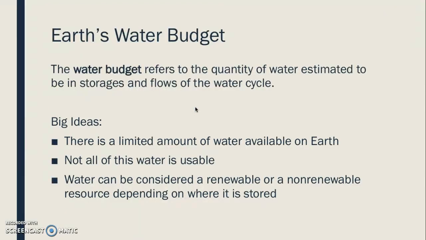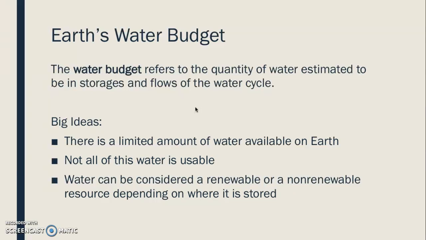This is the Earth's water budget. The water budget refers to the total amount of water, or quantity of water, in the storages and in the flows on Earth. So big ideas: there's a limited amount of water on Earth, so we're not making new water, okay? The amount of water there is fixed. There's not a huge abundance of water that's changing. So it's not being made.